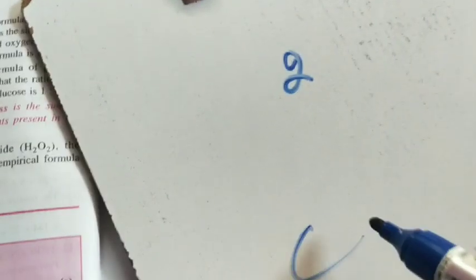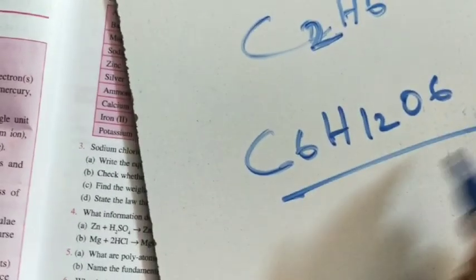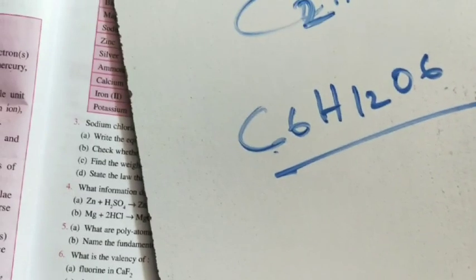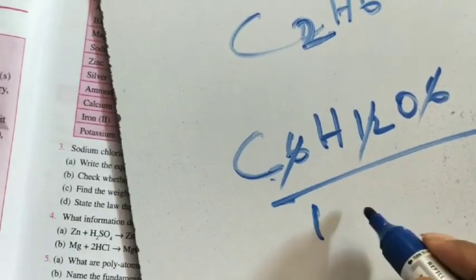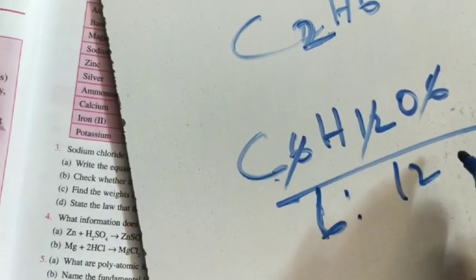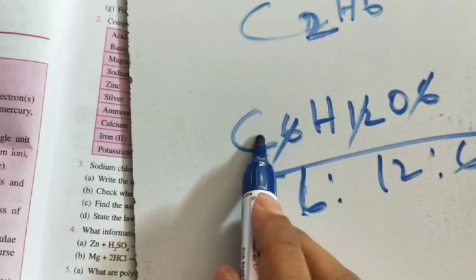For example, we see here the formula C2H6. Another example, the formula of glucose is C6H12O6. What is the common factor of these elements? If we take 6 common from each element: the number of carbon is 6, hydrogen is 12, oxygen is 6.